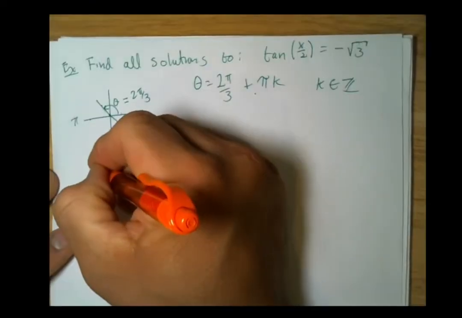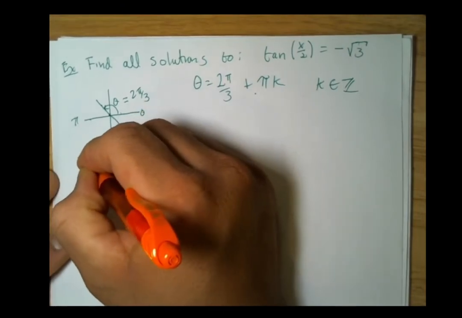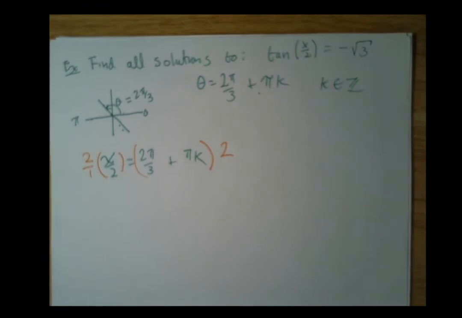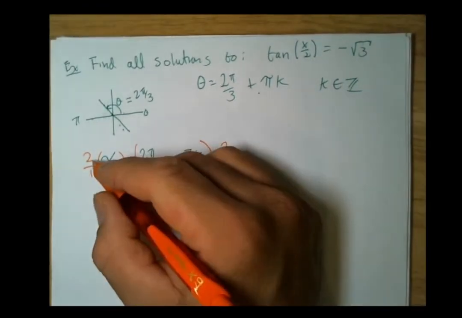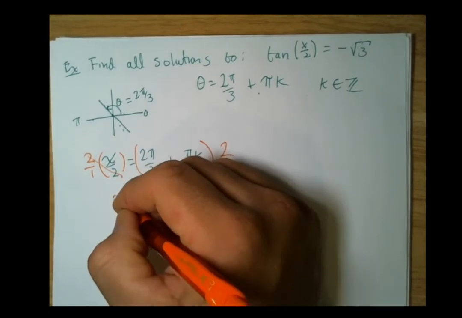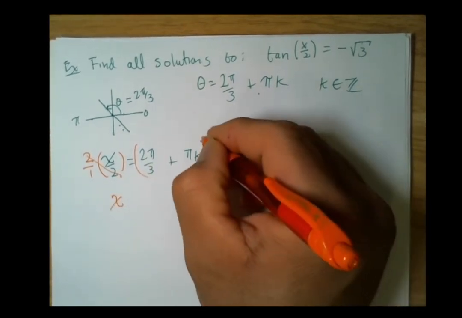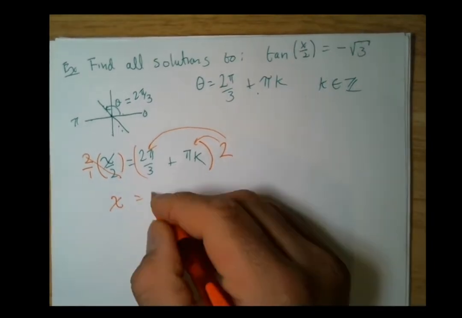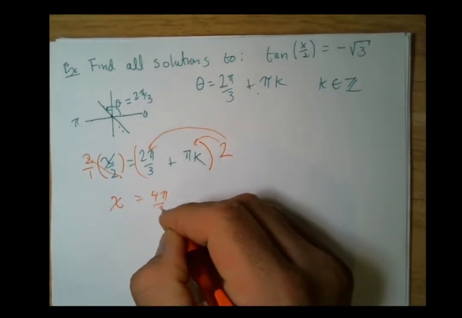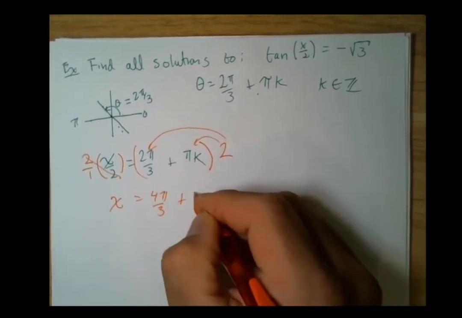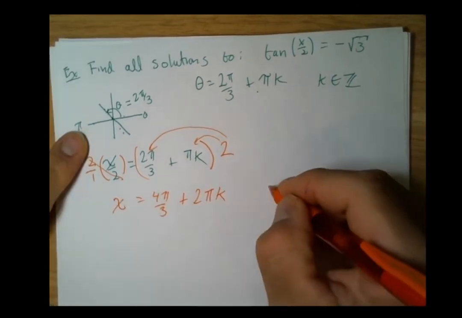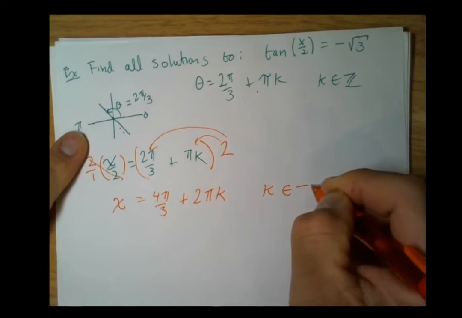Since I'm dividing by 2, the reciprocal operation here is to multiply by 2. All right, so I'm going to multiply. Here, that reduces to 1, so I get x. Over here, do not forget to distribute. So here we'll have 4 pi over 3, and here we'll have plus 2 pi k, where k is any integer.